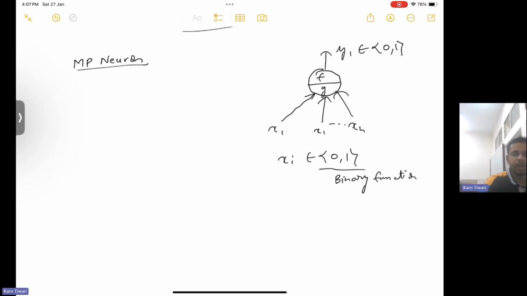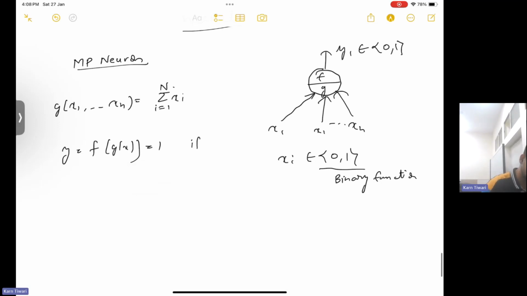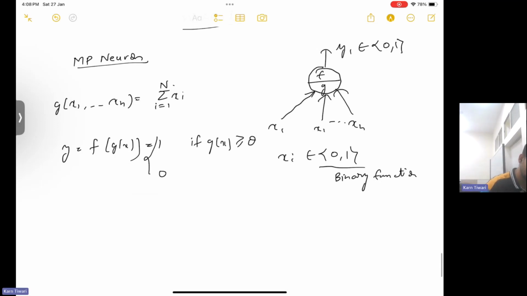So how the output is getting calculated in this: g of x is simply the summation of each individual unit. And the decision y depends upon f of g of x, where f is another function which is equal to 1 if g of x is greater than or equal to theta, and 0 otherwise.